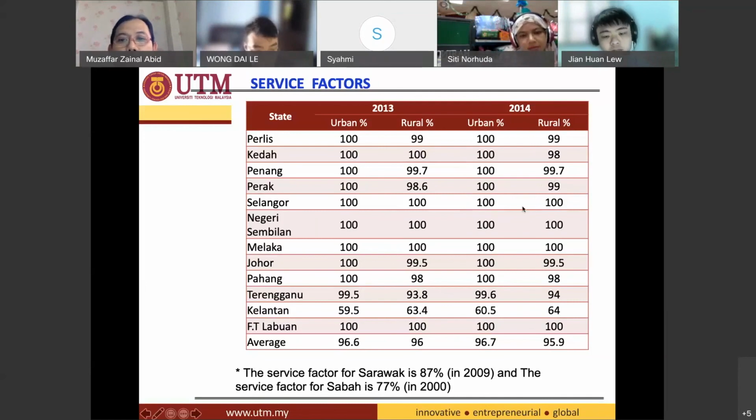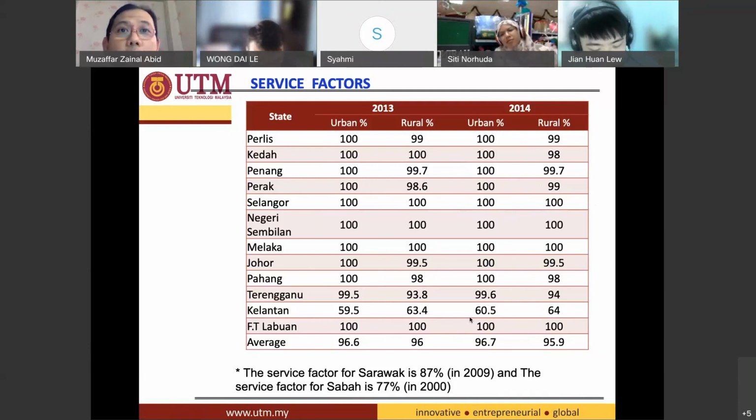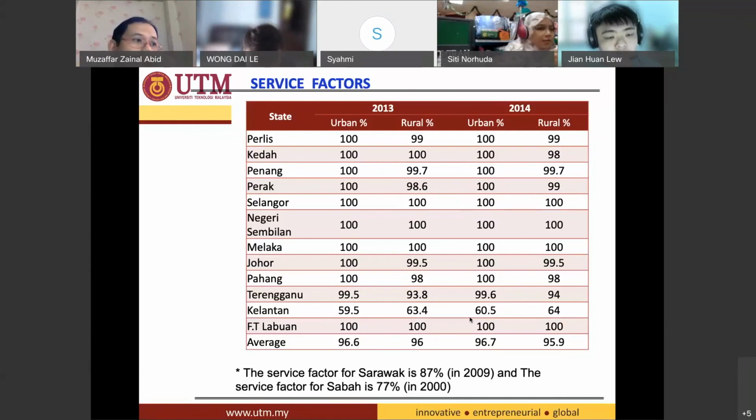Look at this, the rural people, only 60% of them receive treated water. It does not mean that the other 40% don't receive clean water at all. They just don't get the proper treated water. They are probably using well water and they treat it themselves. They perhaps use a certain coagulant like alum. They treat their own water.